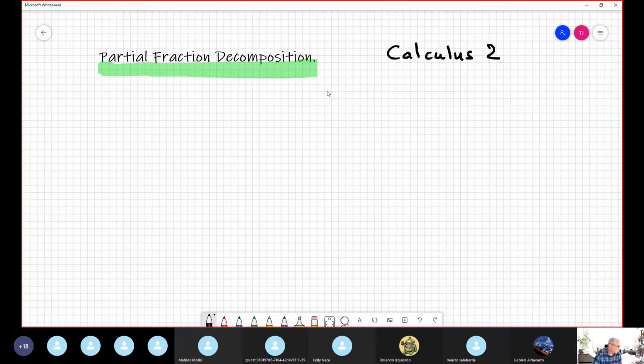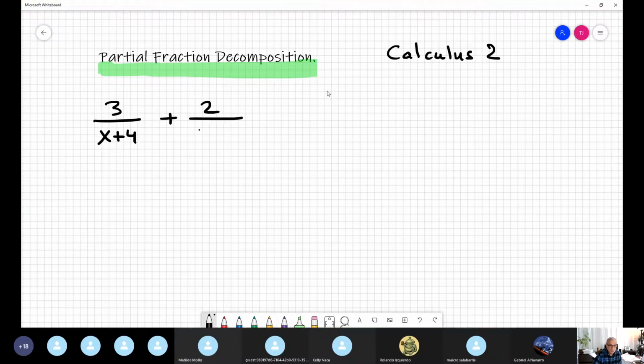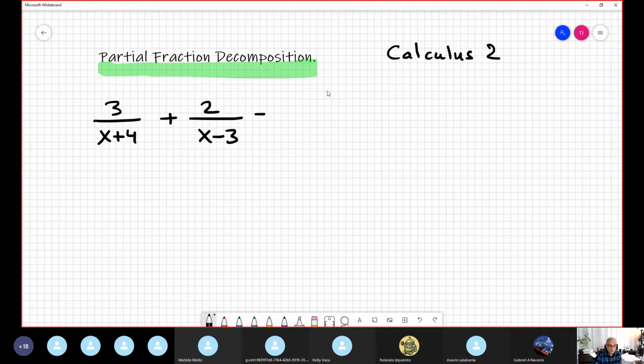Okay, so what's the idea behind partial fraction decomposition? I want to do it backward. Suppose that we have fractions like that. Look, 3 over x plus 4 plus 2 over x minus 3. And you want to condense these two fractions into only one. Okay, let's do it.